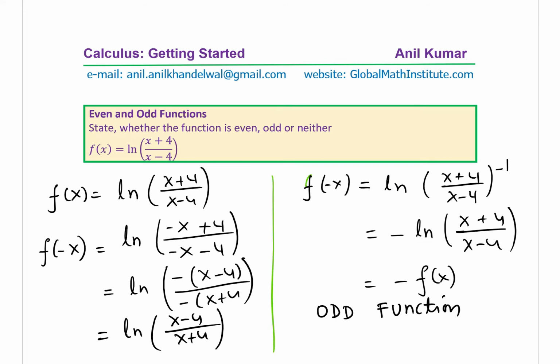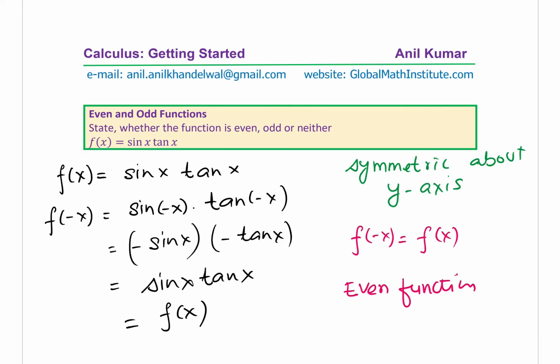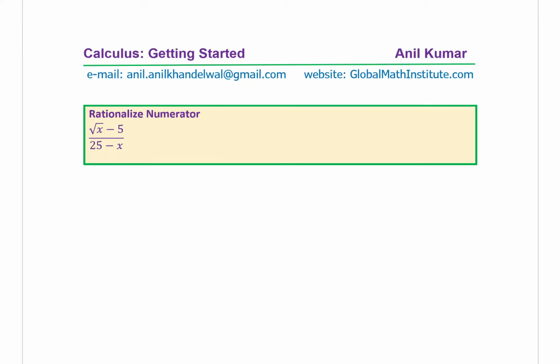As far as the odd functions are concerned, they are symmetric about origin, right? So these properties really help to understand any function better, right? So we have seen examples of odd and even functions.